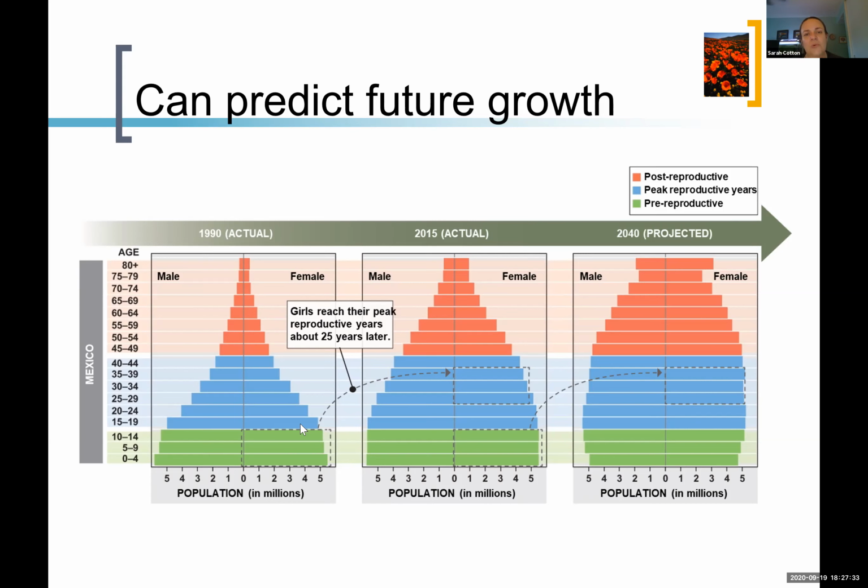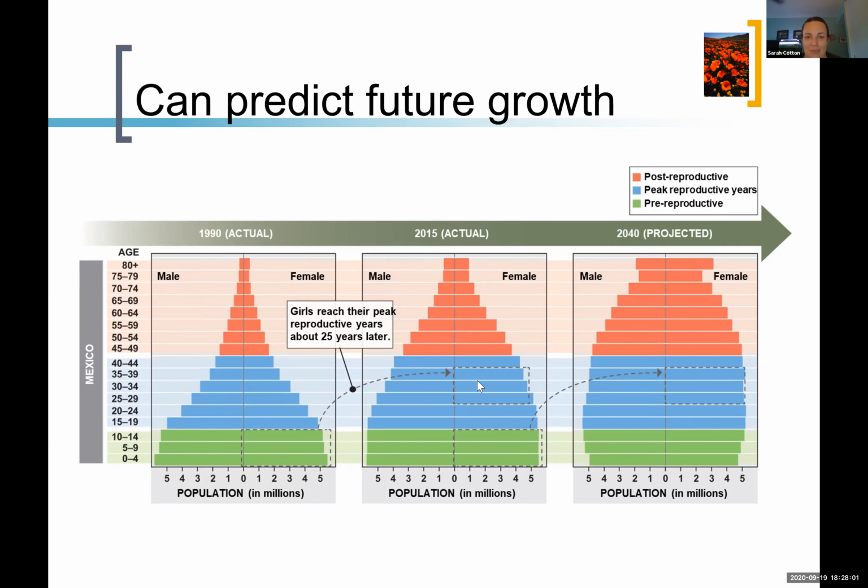And so when you have wide bars in the pre-reproductive stage, what that means is that the population is going to get bigger in the future, because at that present moment, these people are in the green bars, so they're not making babies yet.